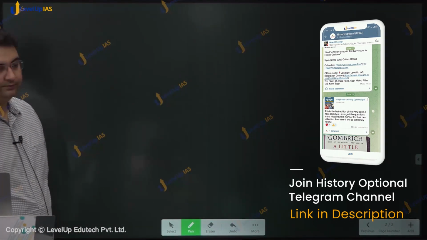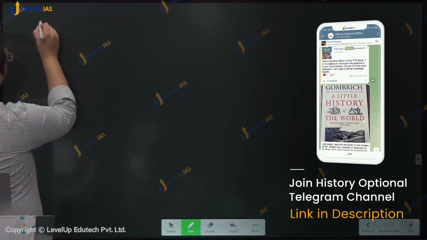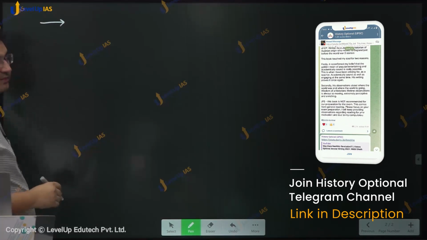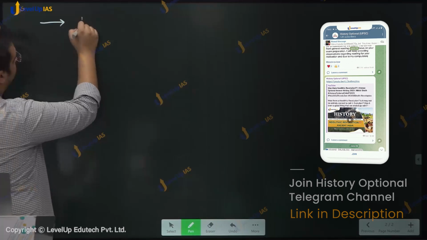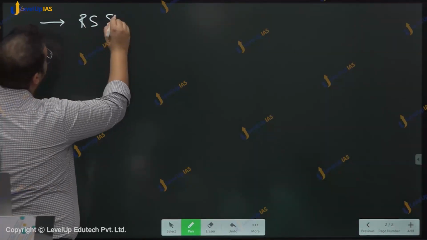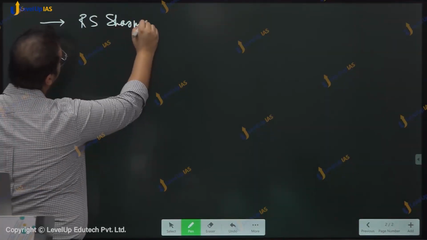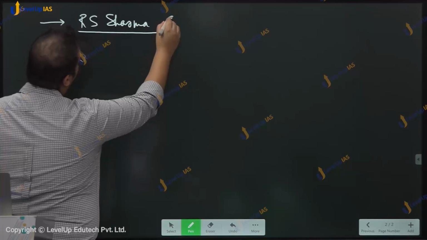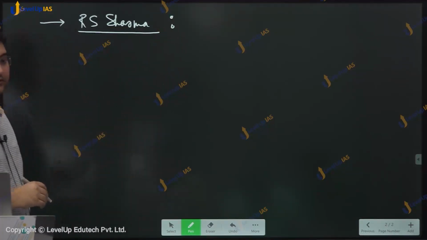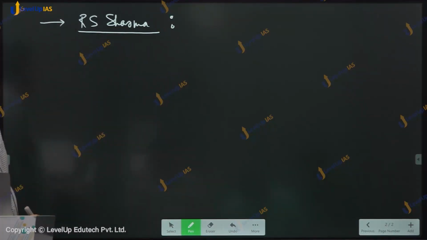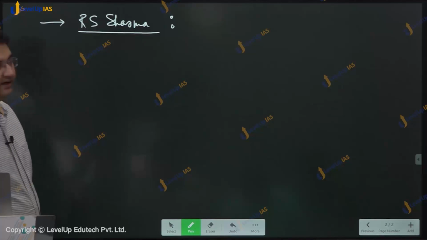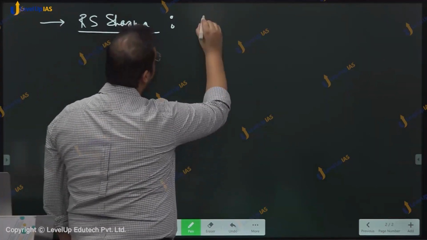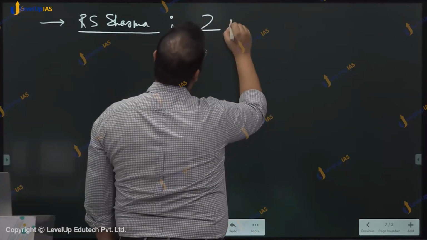Next point, write down. R.S. Sharma suggested that India witnessed urban decline in two phases.